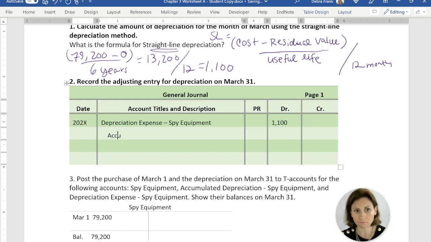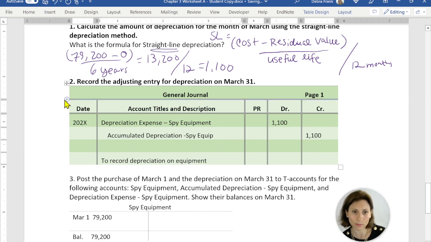And again, as a reminder, because we're just learning, always record your debits first. This is to record depreciation on that SPY equipment.